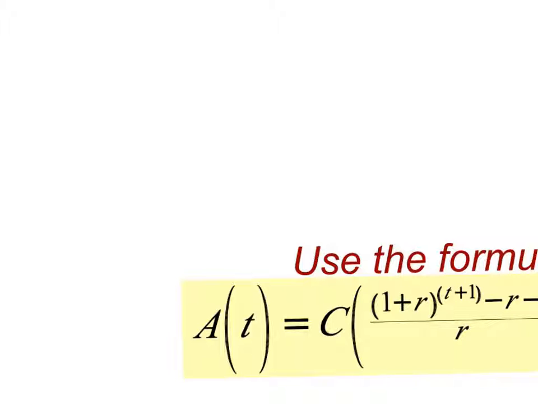Then that's to the power of t plus 1. Well, t here is 2, so it's going to be 2 plus 1. Then that's minus r. Again, r is still the decimal, so it's going to be minus 0.08, then minus 1. Big fraction bar there. And this is all over r. R is still the decimal, 0.08.